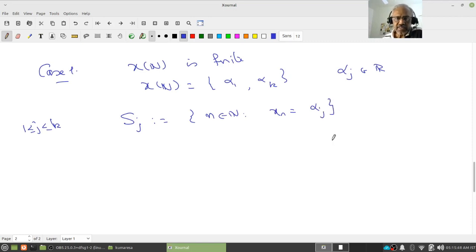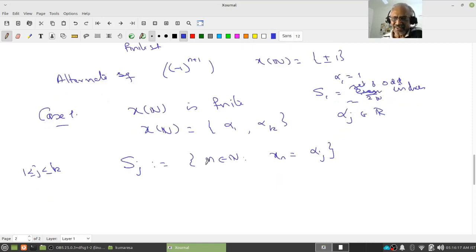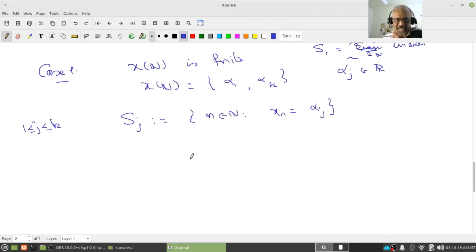For example, in this case, if alpha 1 equals 1, and I am looking for S_1, what will this be? This will be the set of all odd indices, because I start with 1, minus 1, etc. You understand? As an example.